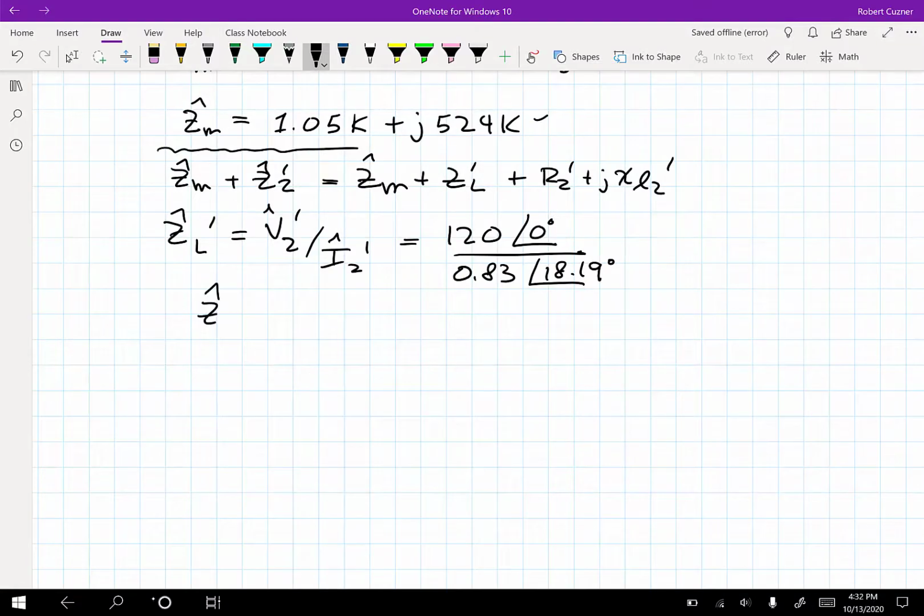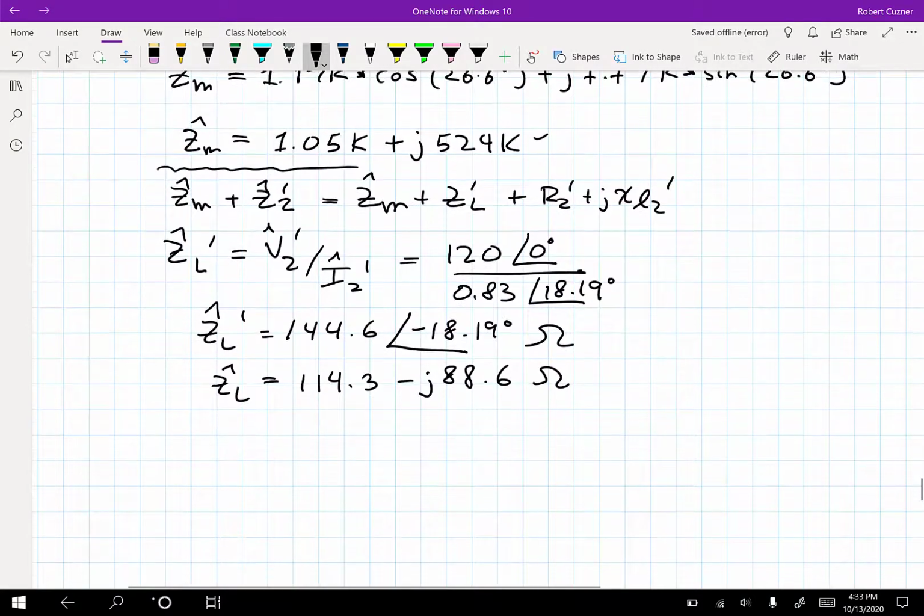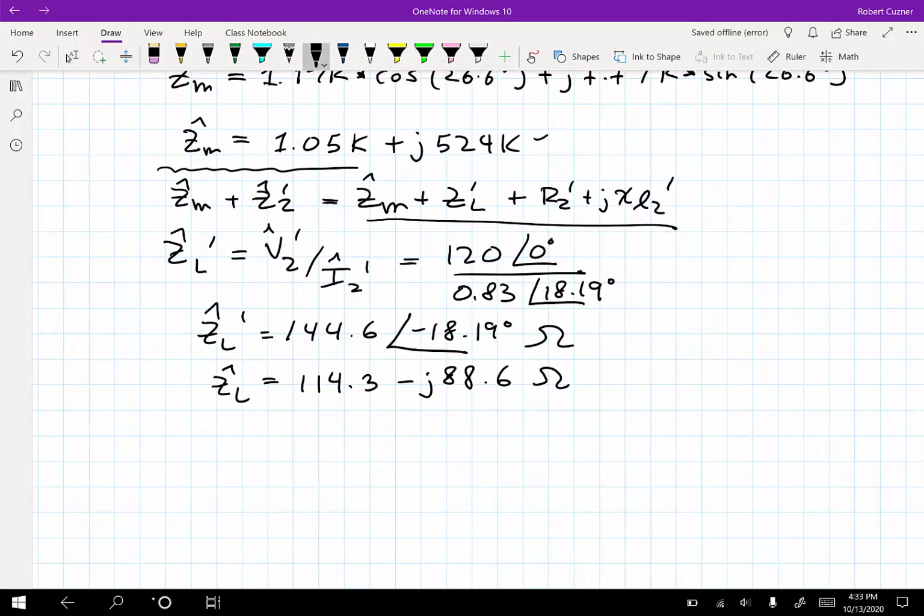So the Z load prime is this in polar, let's put it in Cartesian. I'm not going to work this for you. I'm just going to calculate it. You can fill that in yourself if you want. Okay, we are going to be able to do this calculation here.